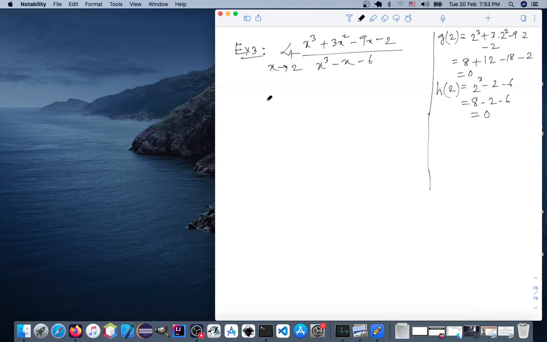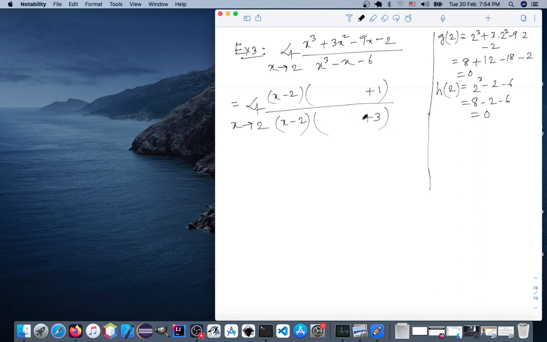So let's factorize g(x) and h(x). We have x tending to 2. Now it's a power of cube. So the way I will do the factorization is, first I will write x minus 2, and then it will have some terms, but the last final term, to have minus 2, it must have plus 1. So similarly here, x minus 2 and the last term must be plus 3 because we have minus 6.